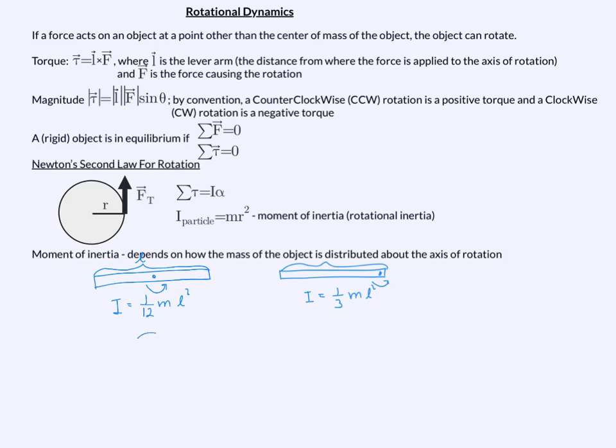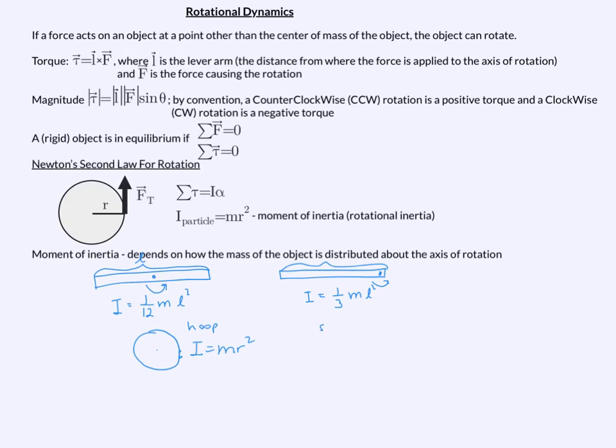Another example, if we have just a hoop, then all the points along here, all the masses that this hoop is made out of, are equidistant from the center of the hoop. So the moment of inertia for a hoop rotating about its center of mass is simply mr squared, because you have multiple point masses at the same distance r away.